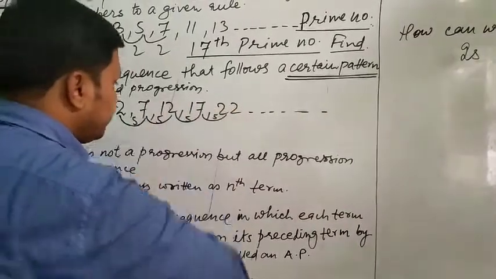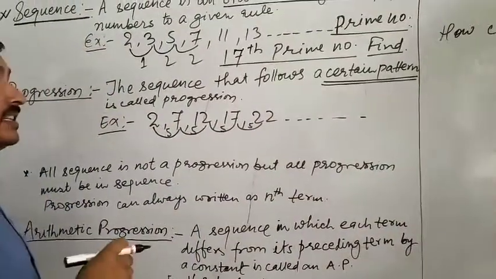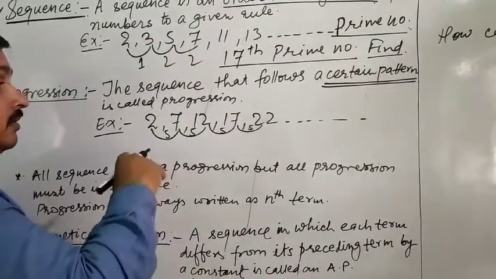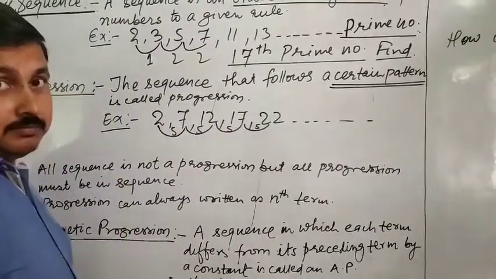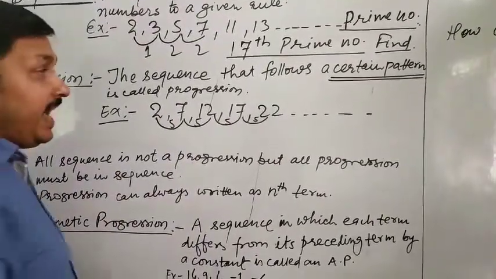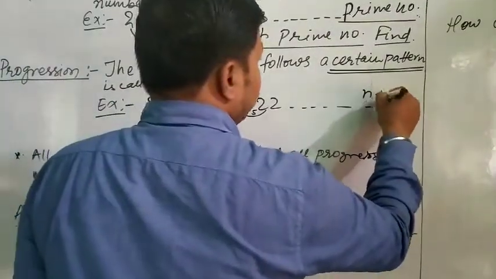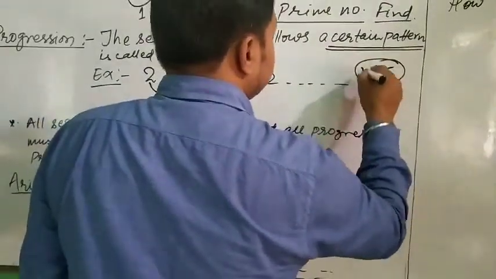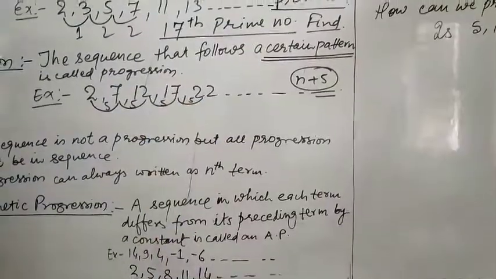That difference is 5. And that's a pattern: n plus 5. This is the pattern of n plus 5.